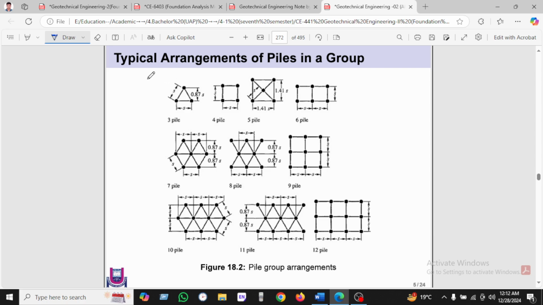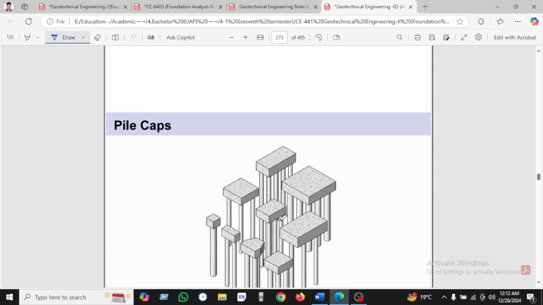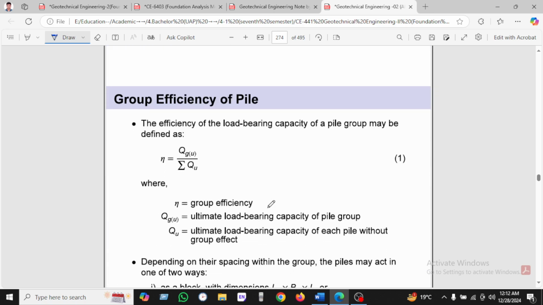Here is the typical arrangement of group piles in a group. This is the 3, 4, 5, 6, 7, 8, 9, 10, 11 piles and 12 piles. The pile arrangement, okay, with the pile groups we can see here.